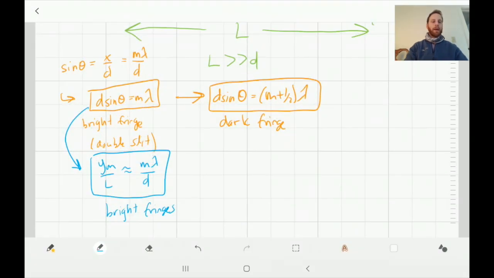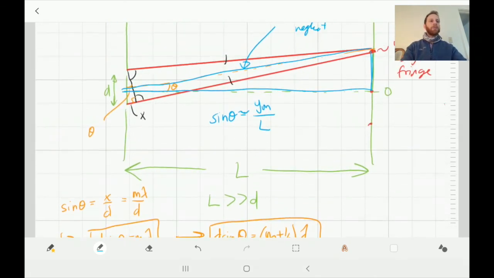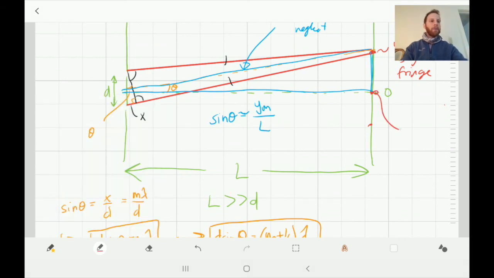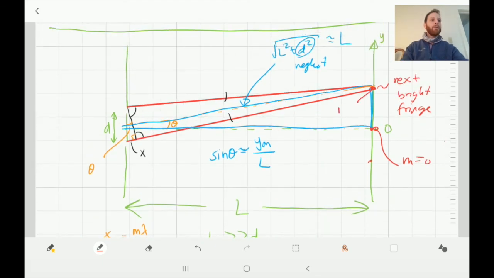I do want to go back and point out one thing. There's a terminology here when you're asked to find the first order, second order bright spot. M equals 0 corresponds to the central bright spot. That is this one right here. M equals 1 would be the next one over, this one, and m equals minus 1 would be the next one but below.